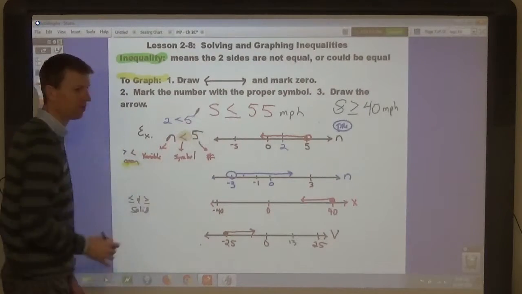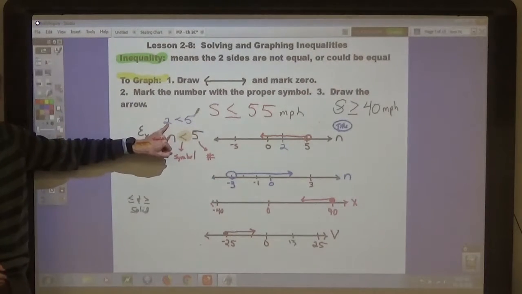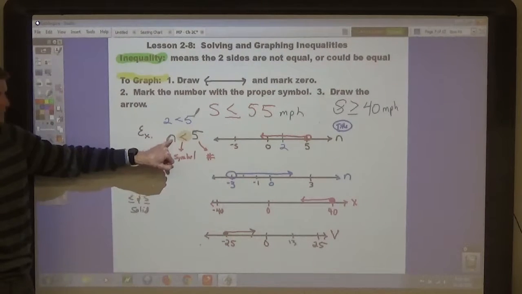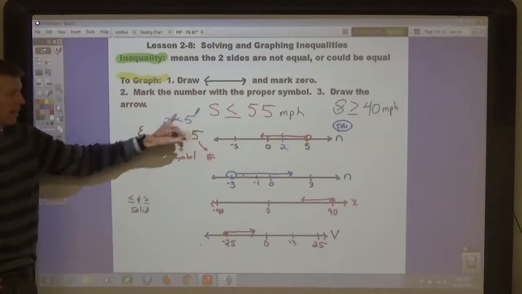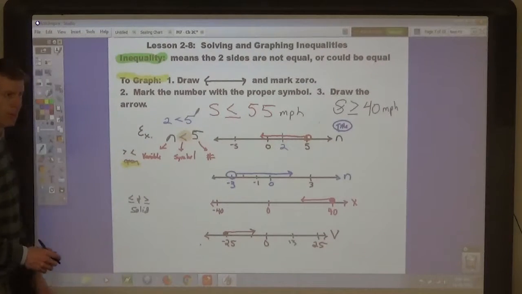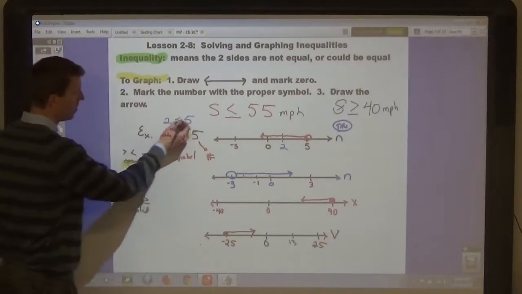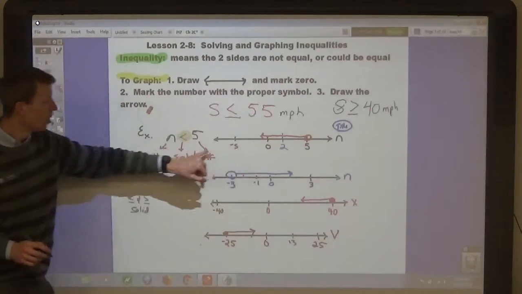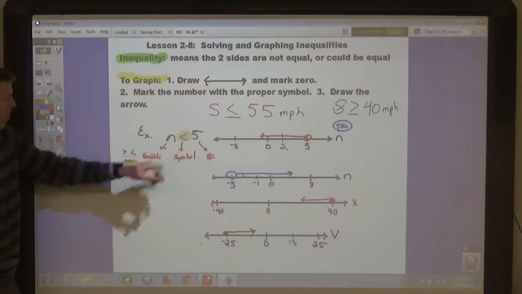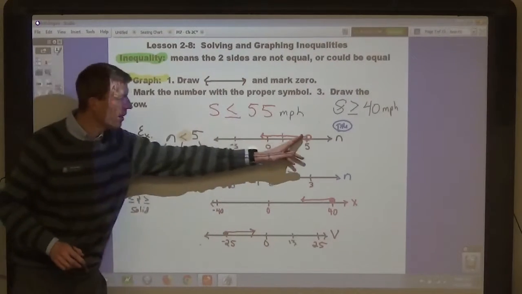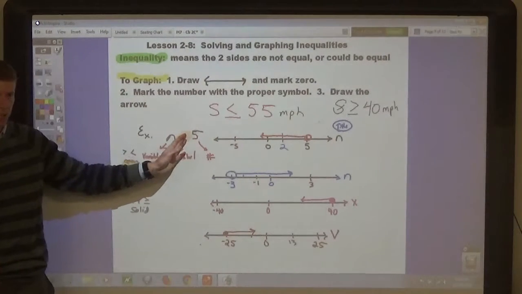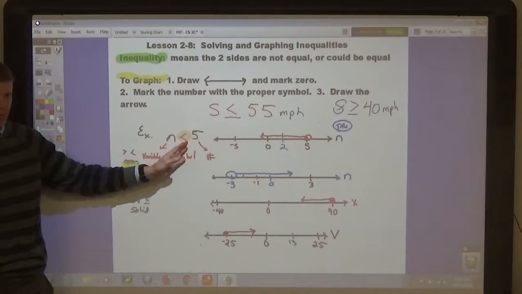Is that true? Yes, so the number 2 is a value that makes this statement true. We could replace n with 2 and make it true. So, when we're graphing, we're showing all of the numbers that work or make the statement true.